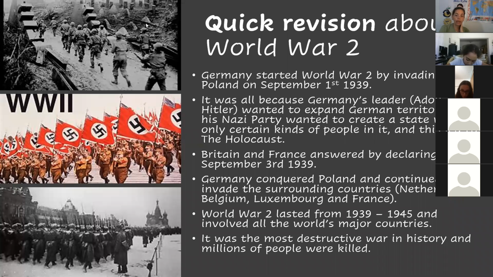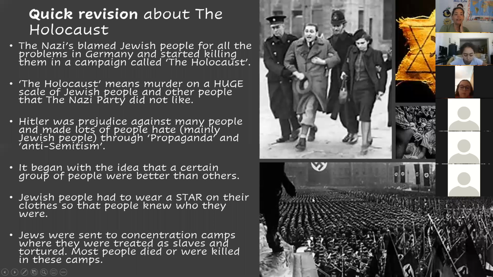Before I move on to the next slide, are there any questions? No? Okay. So a little bit more revision about the Holocaust that we looked at last week. The Nazis blamed Jewish people for all the problems in Germany and started killing the Jewish people in a campaign called the Holocaust. So anything that went wrong in Germany, the Nazi Party blamed the Jewish people.